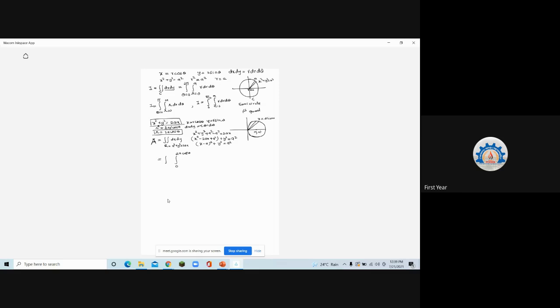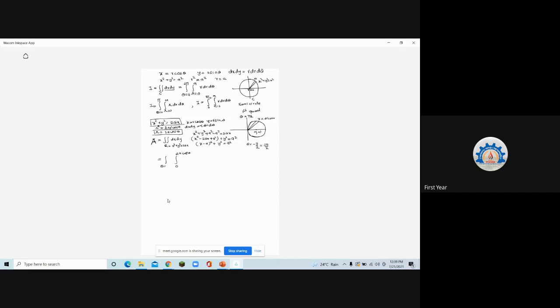And what about the limits of theta? There are two ways of giving the limits. What is this line? Below, it is either 3 pi by 2 or minus pi by 2 going in the anti-clockwise direction.